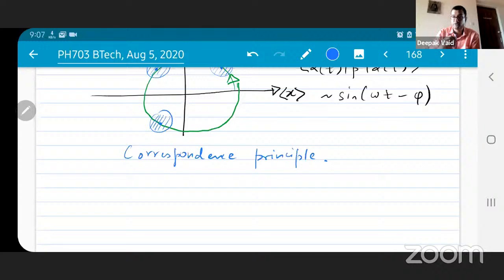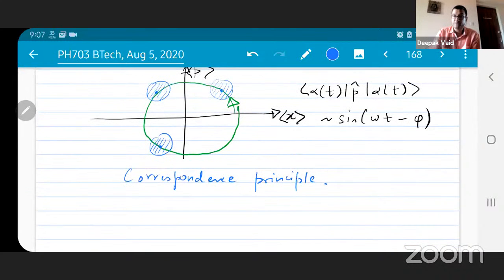That is one way of writing down the correspondence principle. Another way is that you should have some quantum mechanical states which behave very much like the classical states.